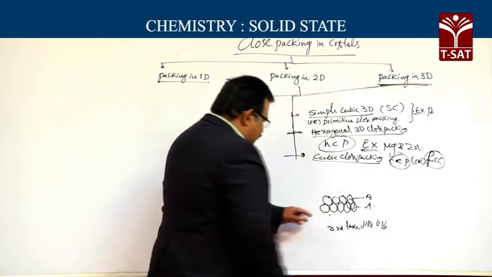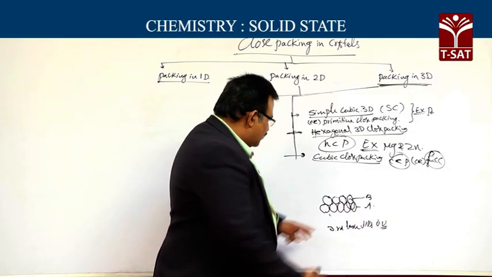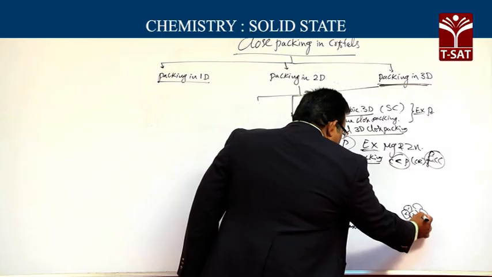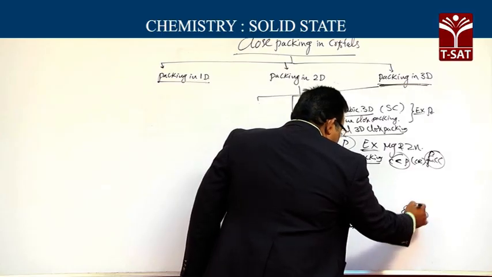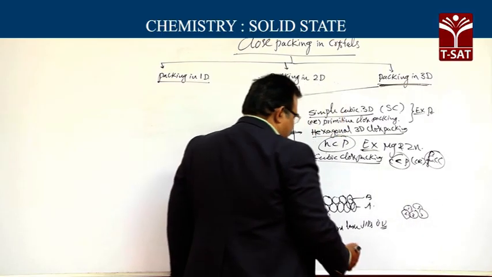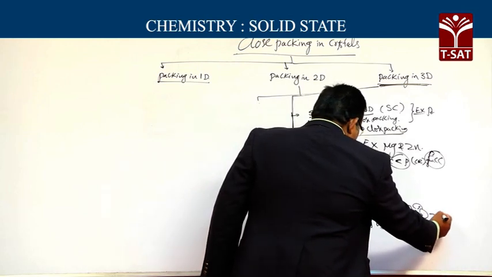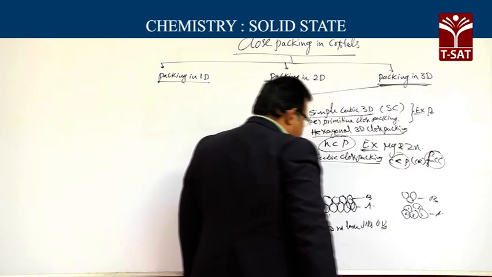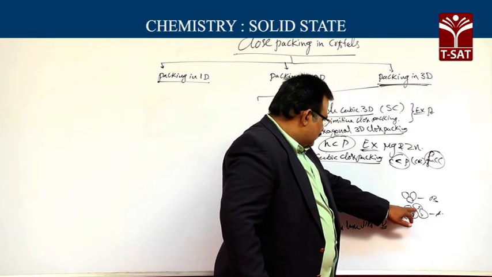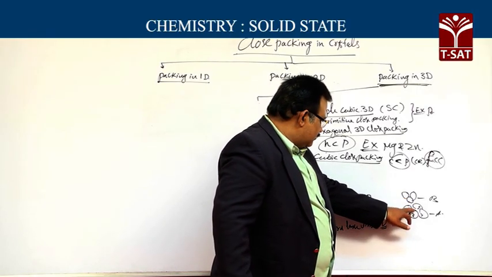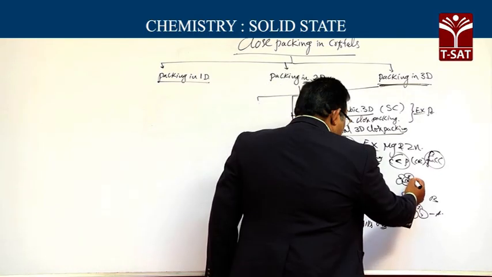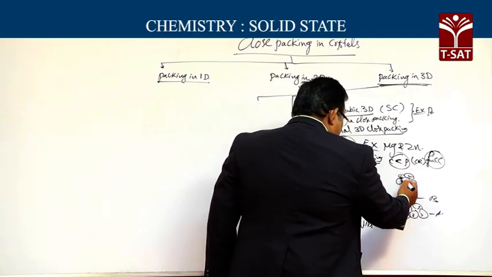That means, see here 1, 2, 3, 4, 5 and the back side is 6. This is A layer, this is B layer. The depression is filled by B layer. First layer depression is filled by B layer. 1, 2, 3, 4, 5, 6.